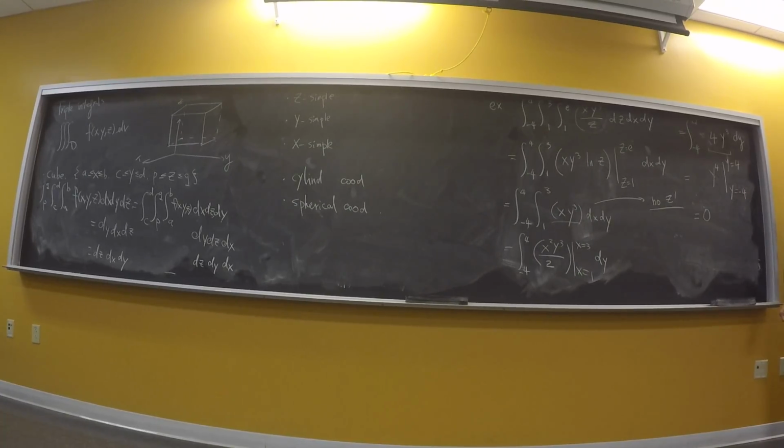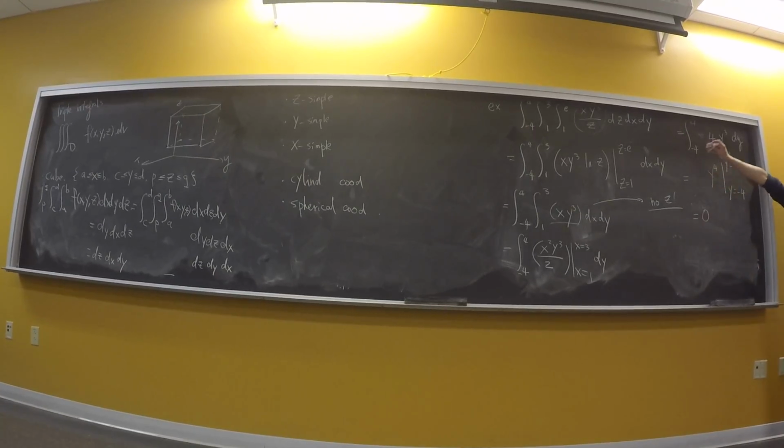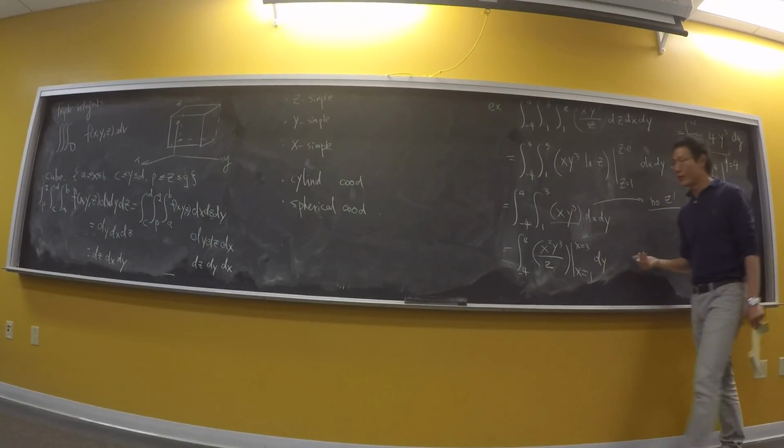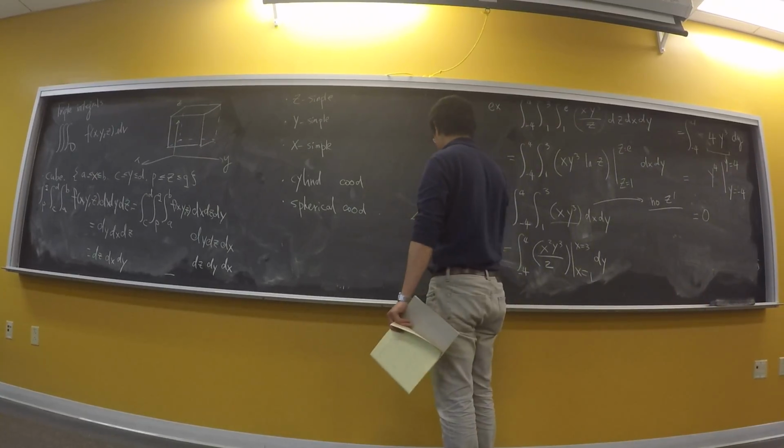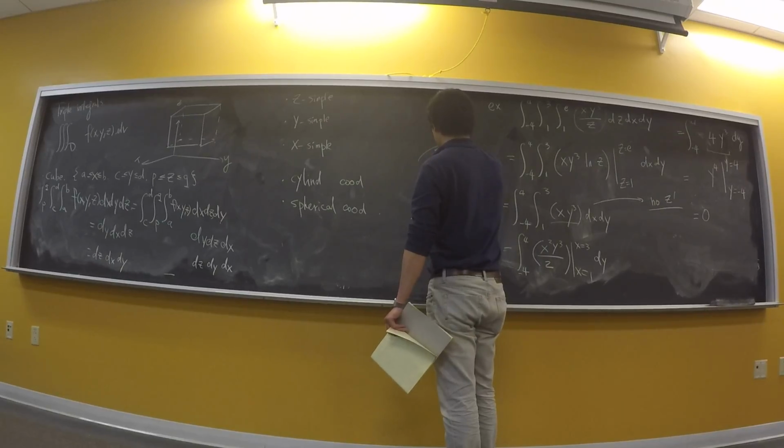Okay, so I give you a little challenge here. Not in computation, not in multiple integrals, but I want you to ask yourself, what does this number 0 mean? If we have a double integral, we have an integrating region and also a surface.